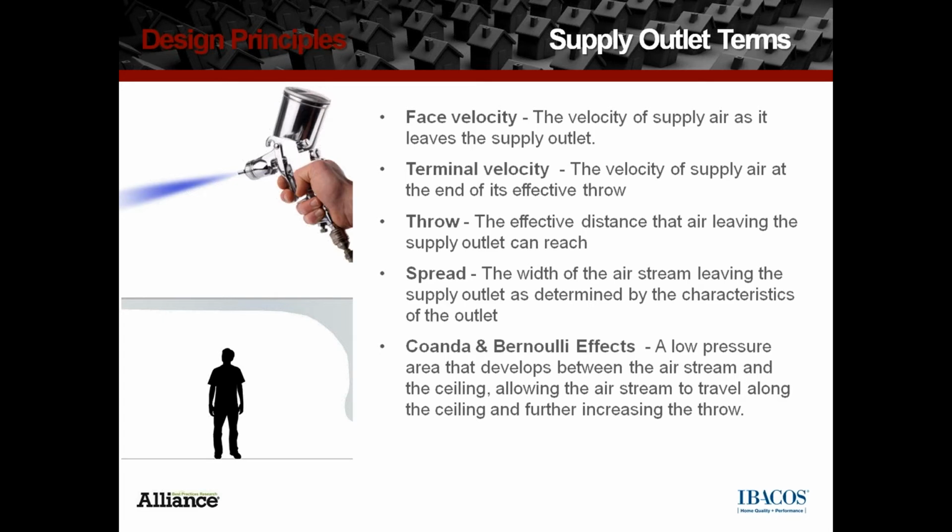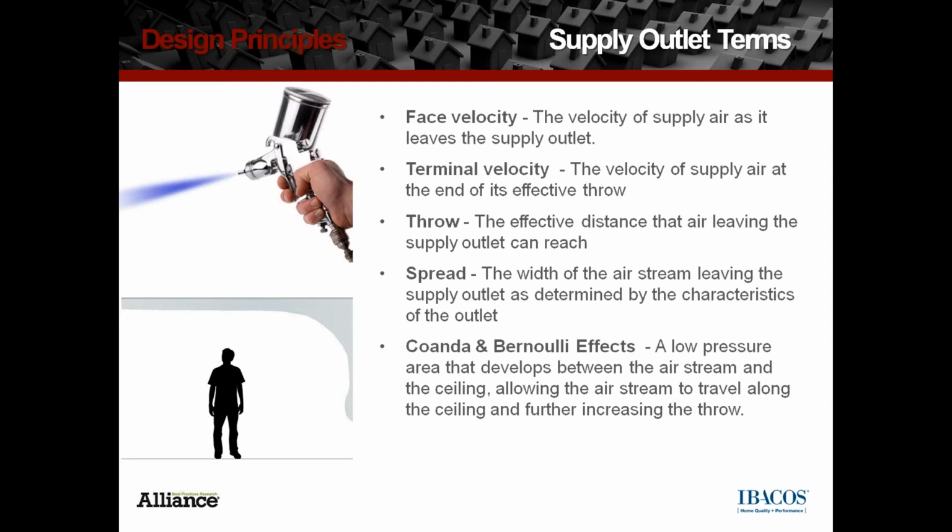Few terminology things. Face velocity is the velocity of the air as it leaves. Terminal velocity is the velocity of the air at the end of its effectiveness. Just for scale, 700 to 900 feet per minute as it leaves the supply, 50 to 75 feet per minute at its terminal velocity.